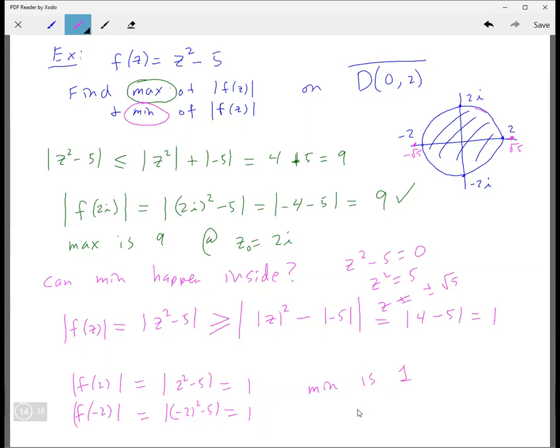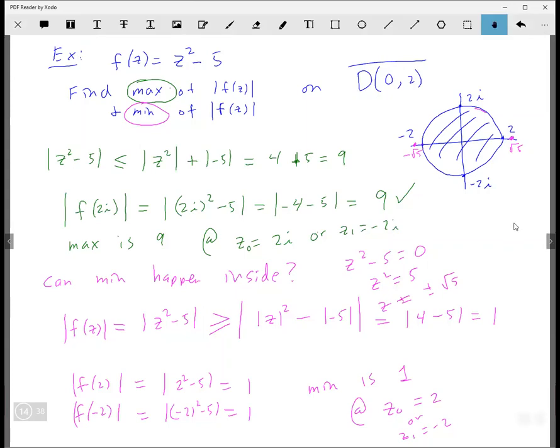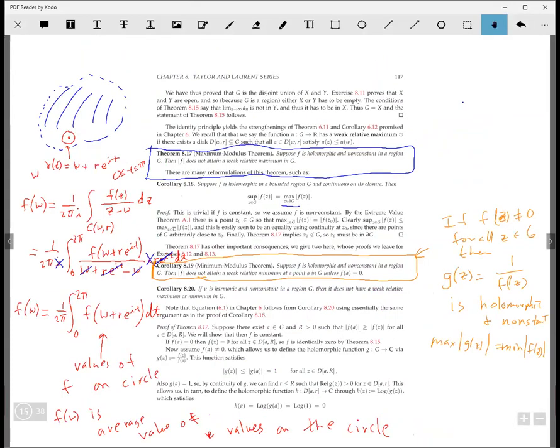Minimum is 1 at 2 or -2. Okay, and this is the same thing right here. This could also happen. -2i will also give us the maximum. Okay, so that's the maximum modulus principle and the minimum modulus principle.